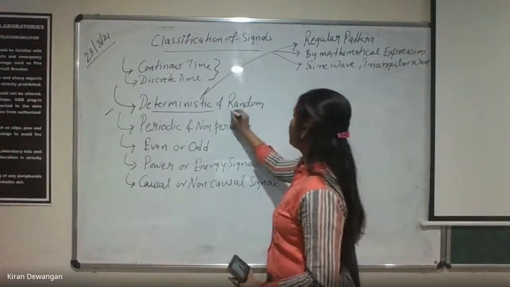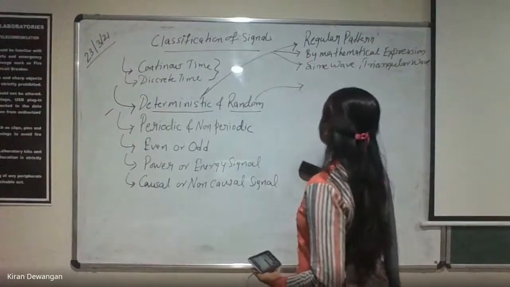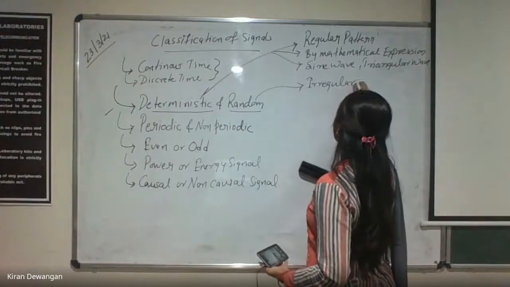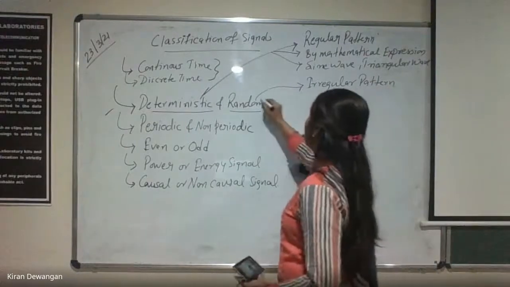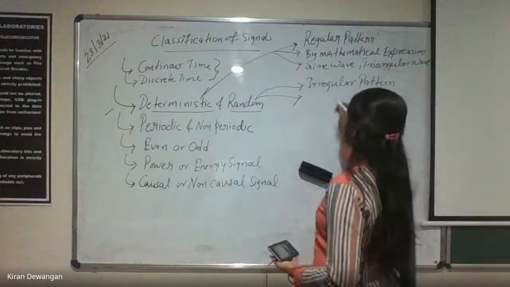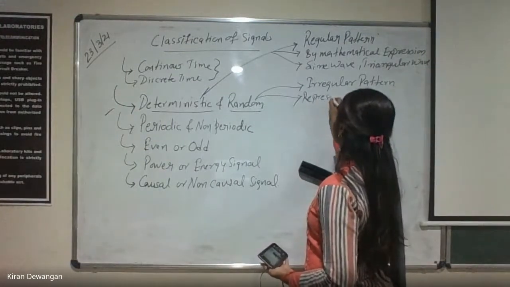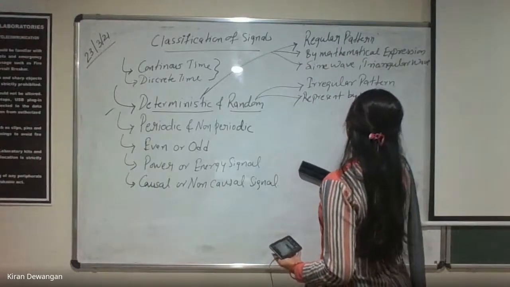Now talking about the random signal. Random signal has very irregular pattern. It is very difficult or almost impossible to represent by mathematical expression.